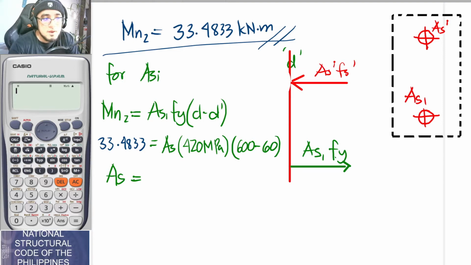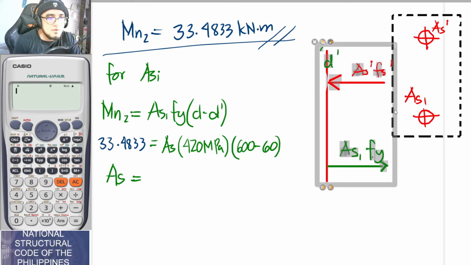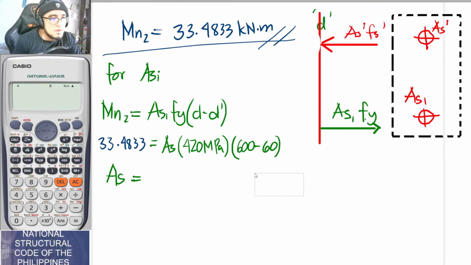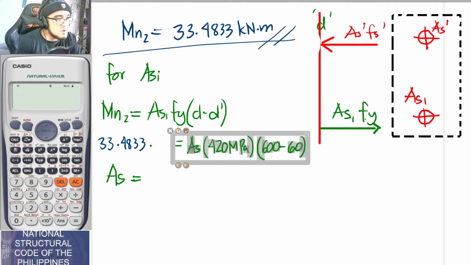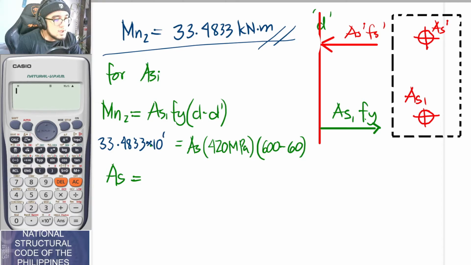So if you would be converting it to Newton millimeter, let us multiply it by a conversion factor, which is times 10 raised to 6, since we are converting from kilonewton meters to Newton millimeters.